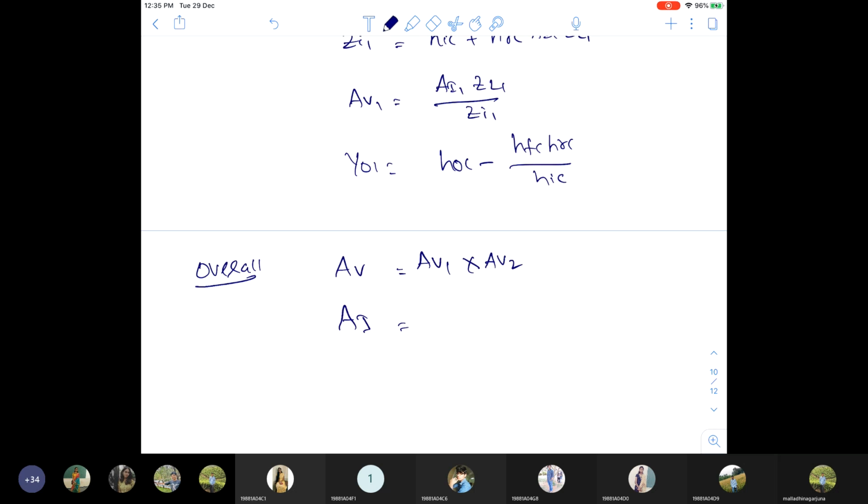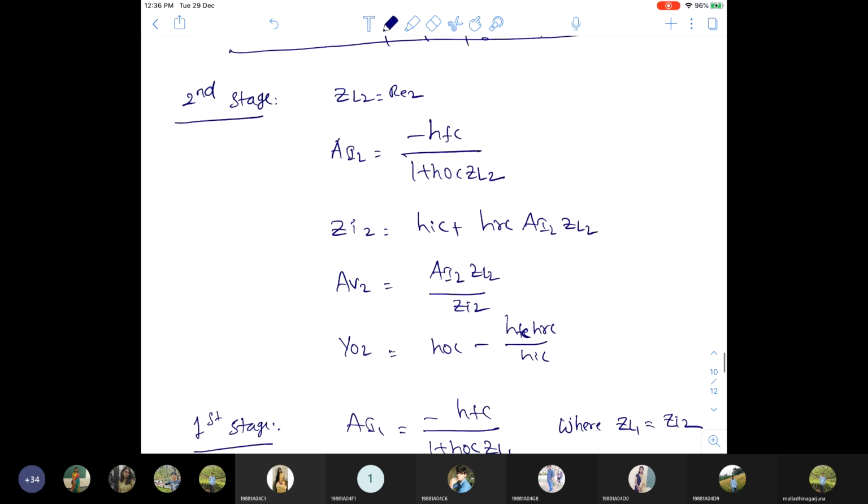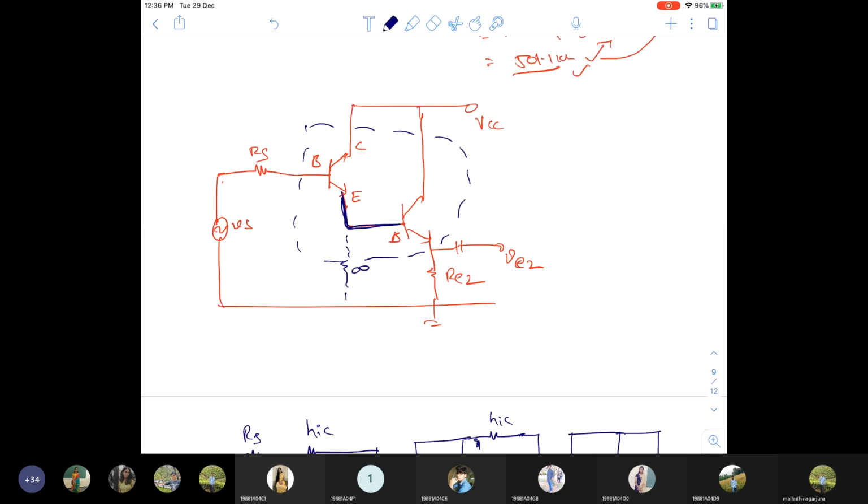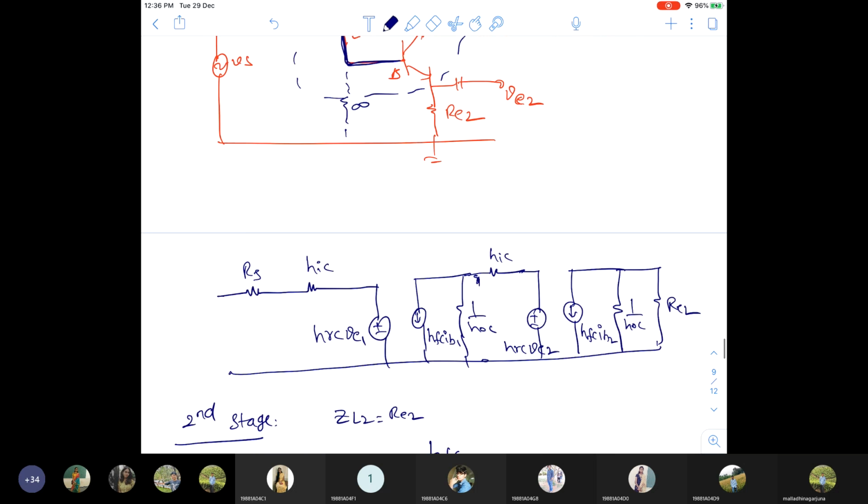AI equal to, here the important thing is AI1 into AI2 only. So here you are not going to get that term. Why? Because in this circuit there is no intermediate resistance. First stage is directly coupled to the second stage. Because there is no resistor between these two stages, you will not get this term.